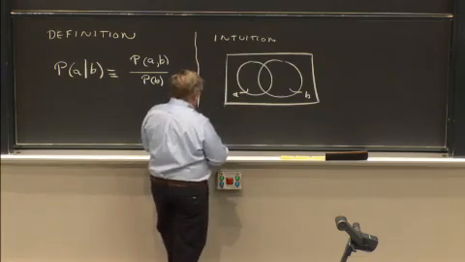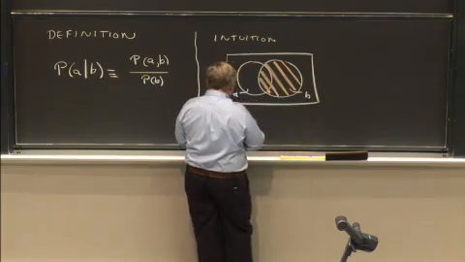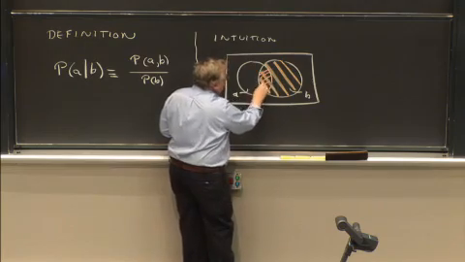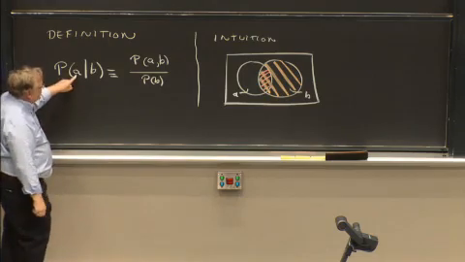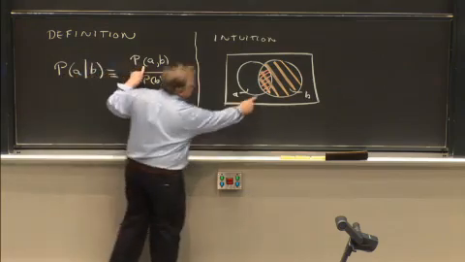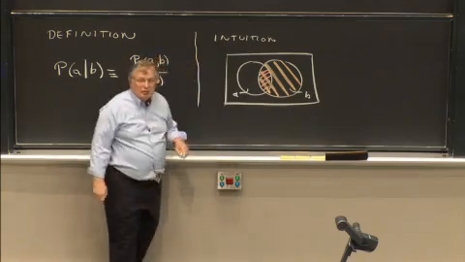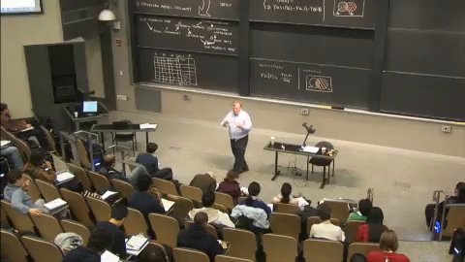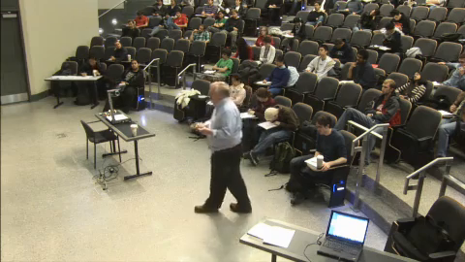We've got this part here, and then we've got the intersection of A with B. It does make sense as a definition, because if you've got B, then the probability you're going to get A is the size of that intersection, the pink and orange stuff, divided by the whole of B. It's as if we restricted the universe of consideration to just that part of the original universe that's covered by B.